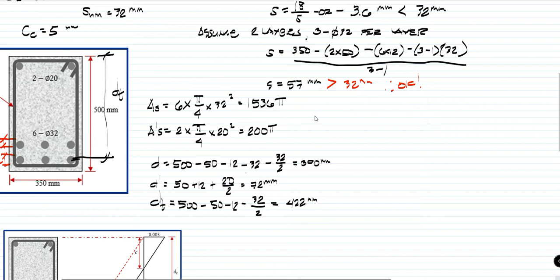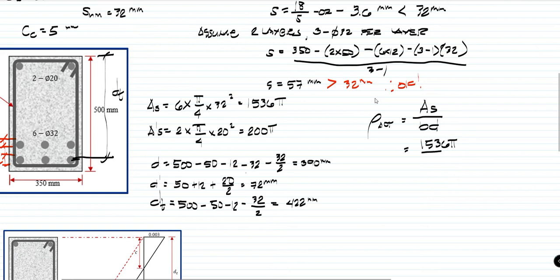first we get the actual steel ratio, which is equivalent to As actual, or the As alone, divided by bd. From our example, we have an As of 1536 pi.